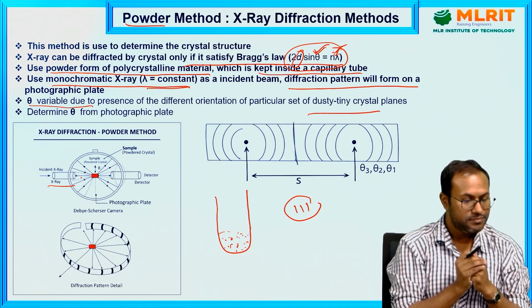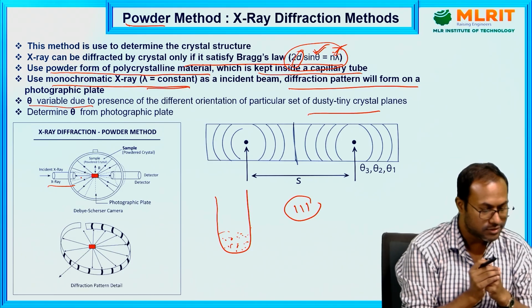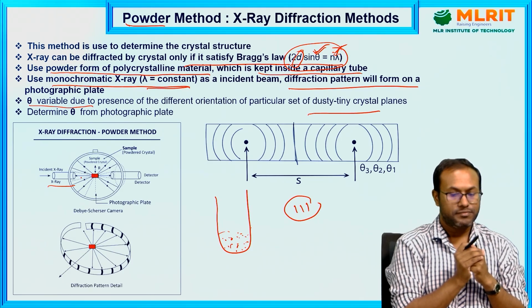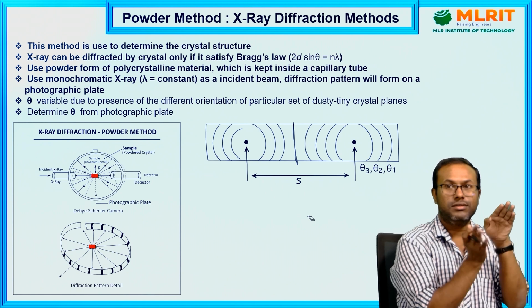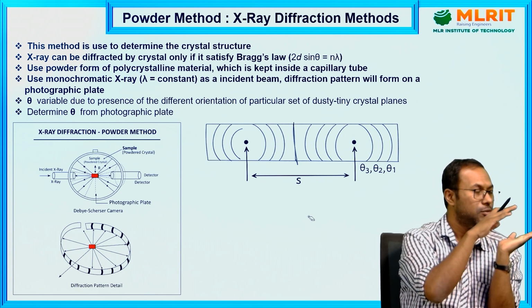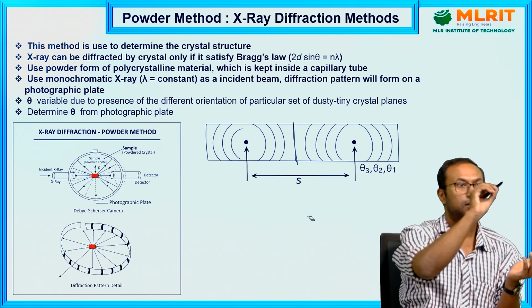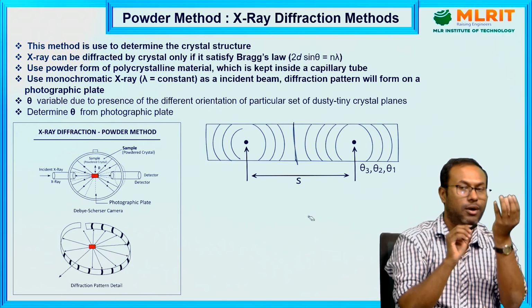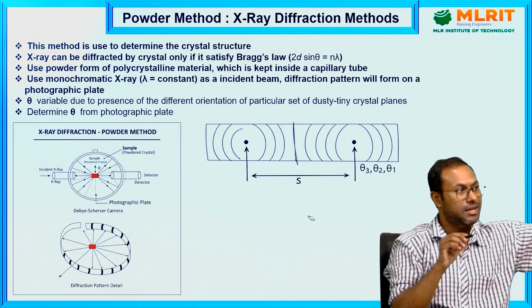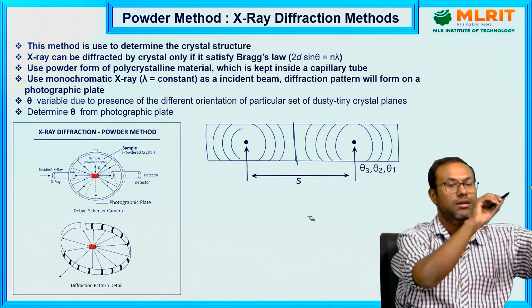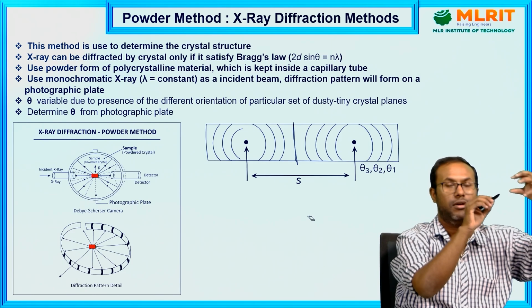This is how it looks. Suppose a capillary tube contains powder, and monochromatic X-ray beams come and fall on the crystals.